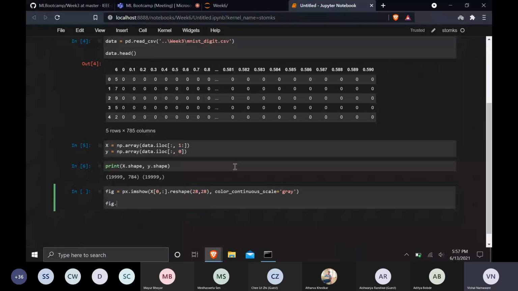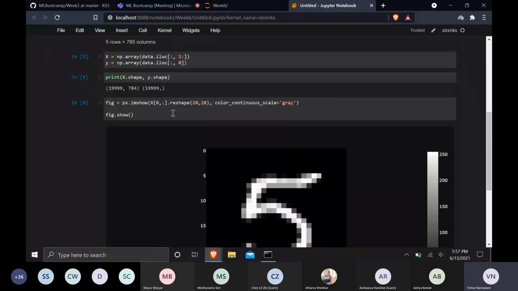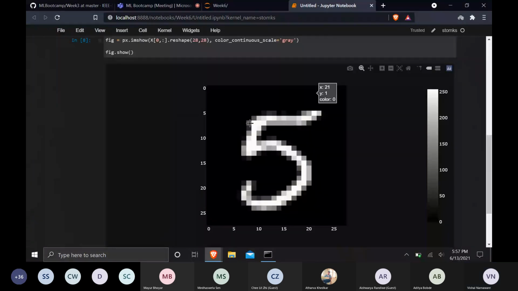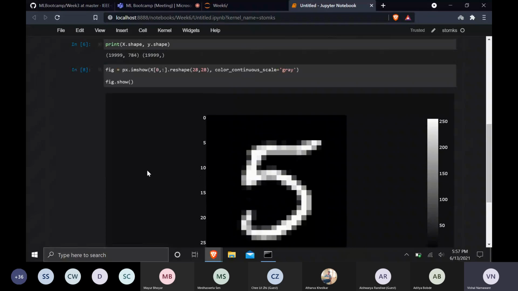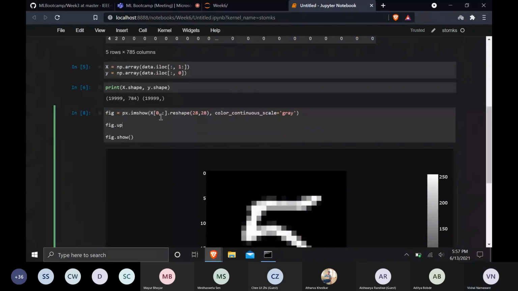We'll do just this, right? So your first image in the training dataset, not the whole dataset, is this 5, right? And we are also going to see the label. So let's make the title using update_layout. We can give the plot title, x-axis title and y-axis title in this update_layout, right?